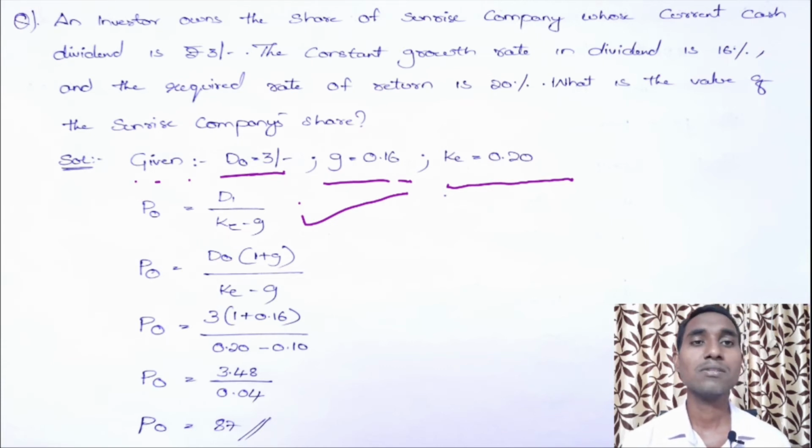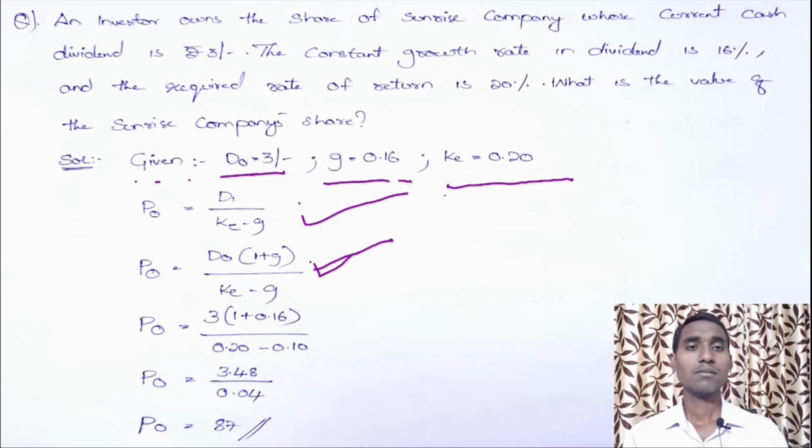When D1 is not given, I have given a small formula to find D1. You can use this formula: D0 into 1 plus G, divided by KE minus G. D0 is already given, it is 3.